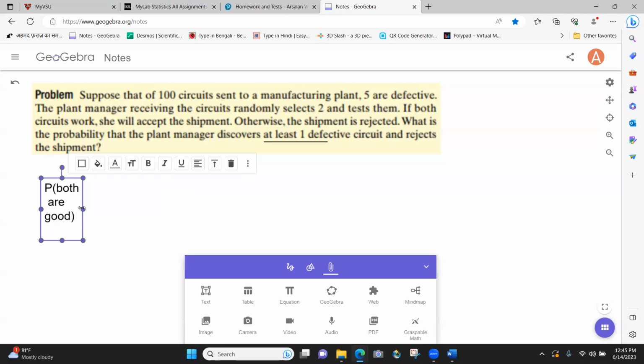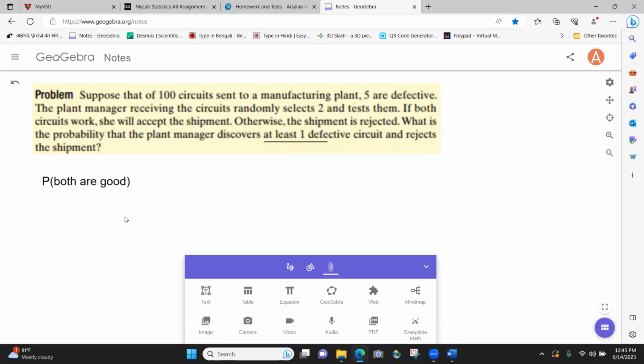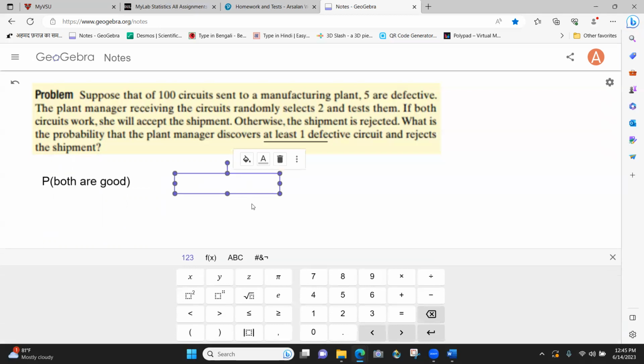Now we're going to use the generalized multiplication rule. Don't let that bother you. It's a fairly easy concept. So you're going to draw one. What's the probability of getting a good circuit? 5 are bad, 95 are good. I'm going to say it's 95 over 100.